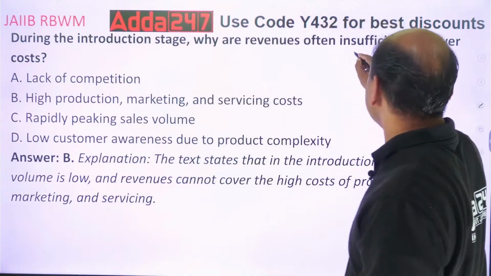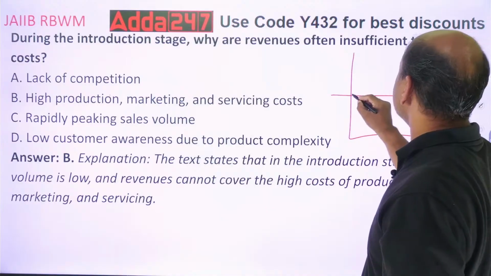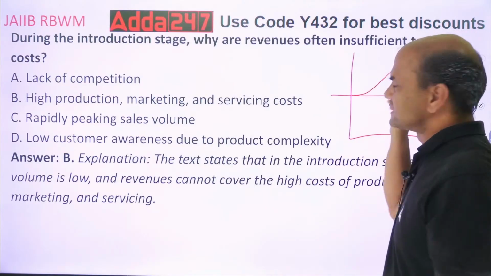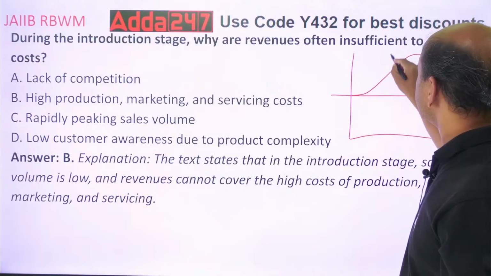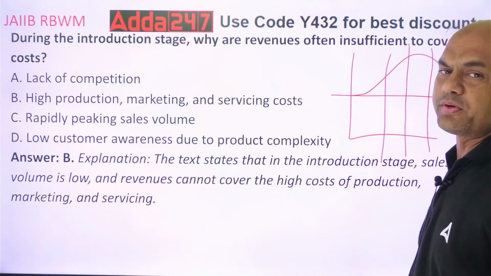So the PLC goes like this. Suppose I draw this PLC, product life cycle, over here. Just now I showed you introduction, growth, maturity and decline. So the profits will move like this.